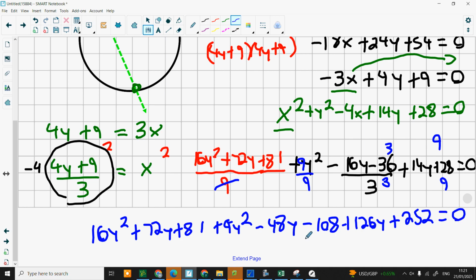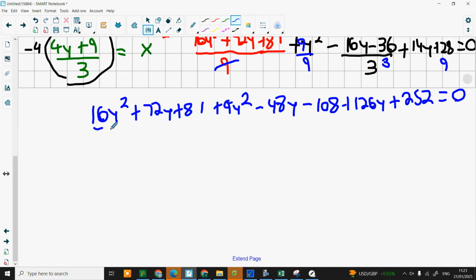All good. Now, this is challenging enough because of the fraction. How many y squareds? Okay. How many y's? Anybody hit me up an answer for that? 150.